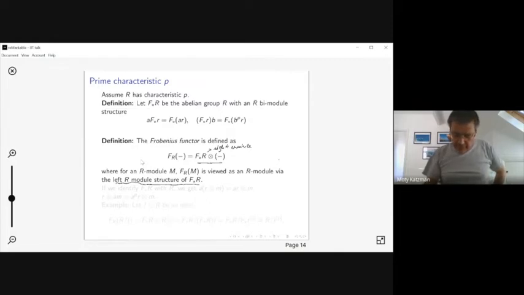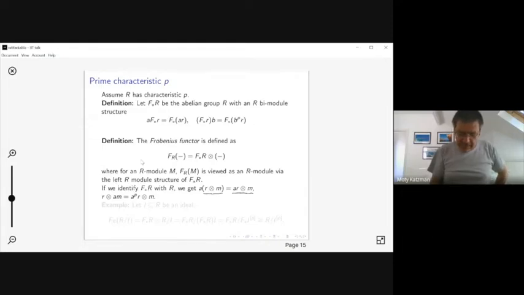Okay, so let's see how this looks. Instead of carrying around F lower stars everywhere, let's just identify the elements of F lower star R with the elements of R. If you look at this tensor product defining the Frobenius functor, and you multiply it on the left by A, it's going to give you this.